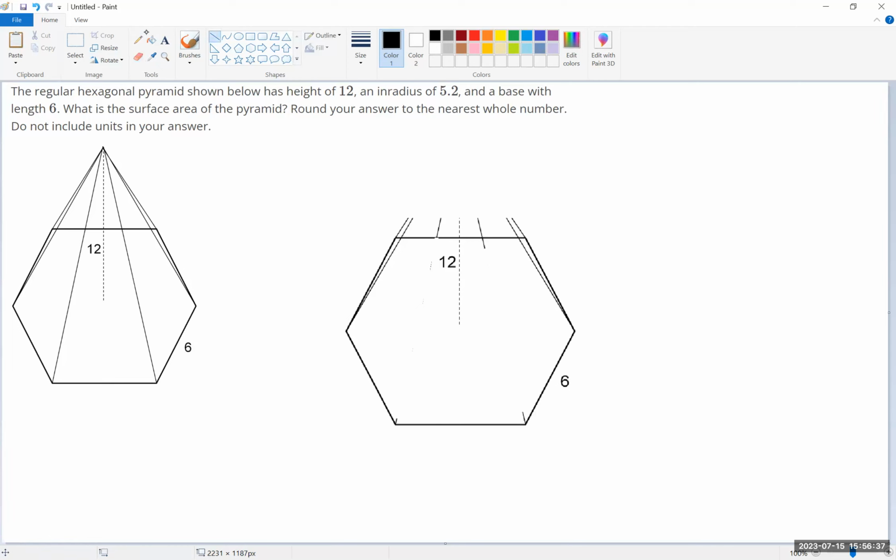What I will do here is make triangles because that's going to be a really important piece to work off of. Because what we're essentially going to do is find the area of, say, that triangle.